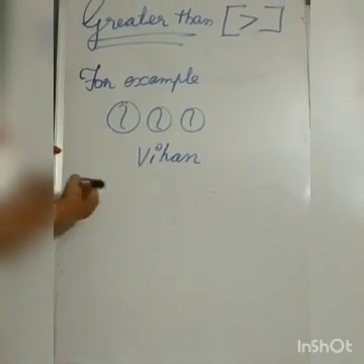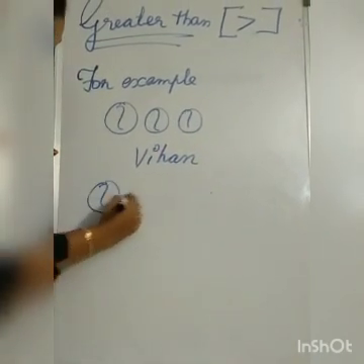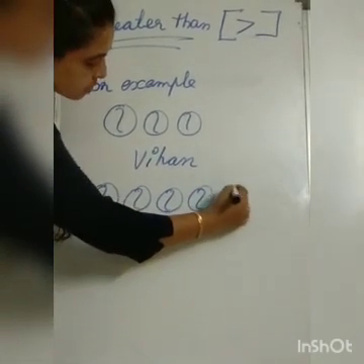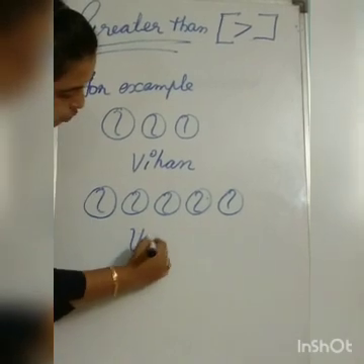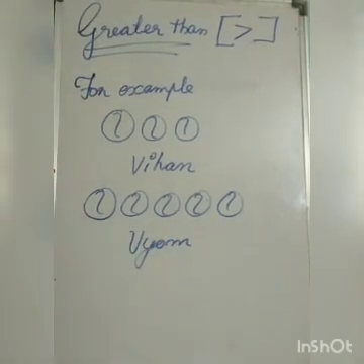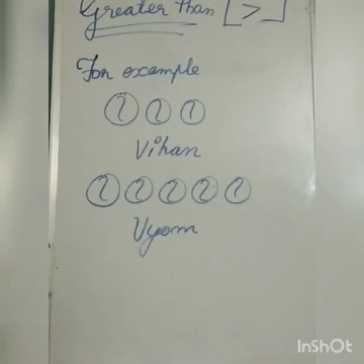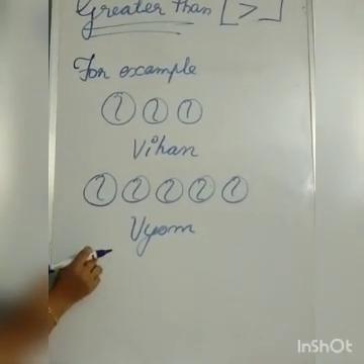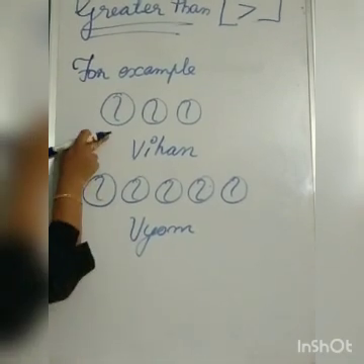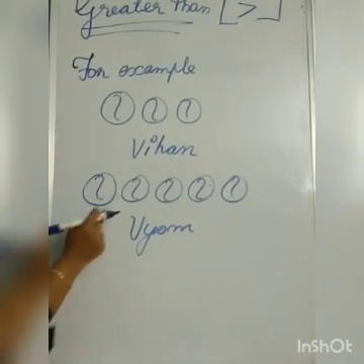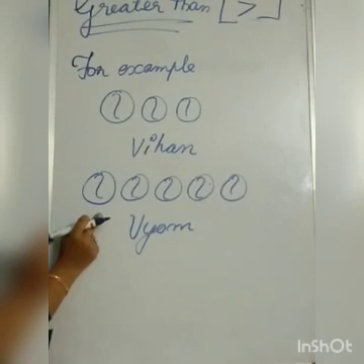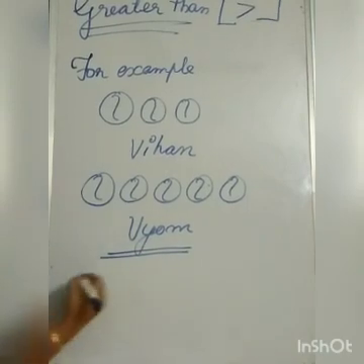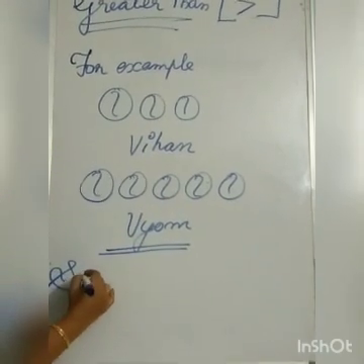And Vyom has 5 balls. Who has 5 balls? Vyom. Children, can you say who has more balls? Vihan has 3 balls and Vyom has 5 balls. Who has more balls? Yes, Vyom has more balls.